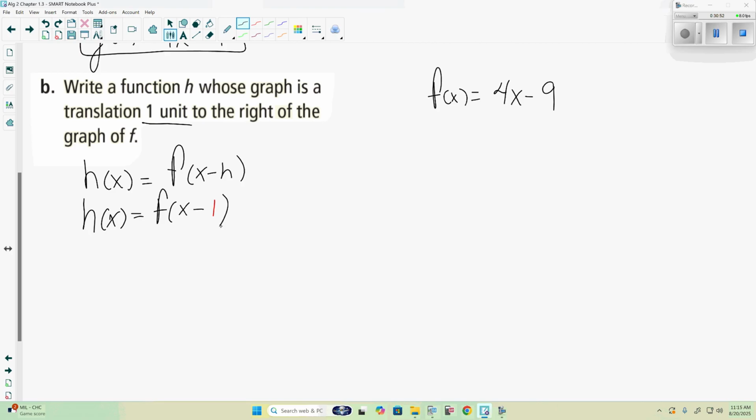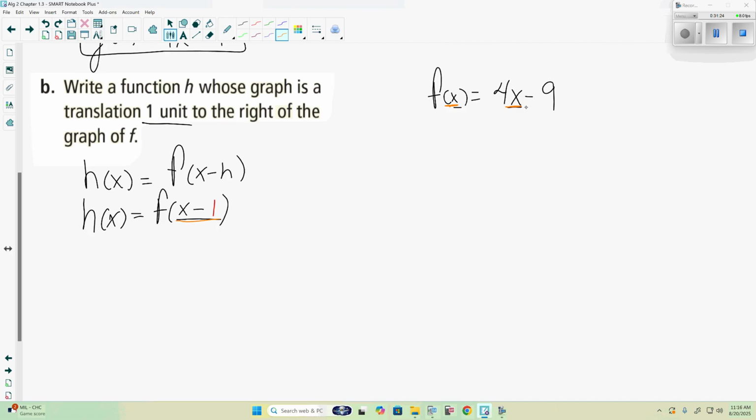Questions on how we found h or how we plugged this in? Okay. Now we can apply this to our function f of x. Well, we don't have f of x anymore, because when we had f of x, it told us that it equaled 4x minus 9, yes? In the function notation here, we've replaced this x here with what? X minus 1, yes?